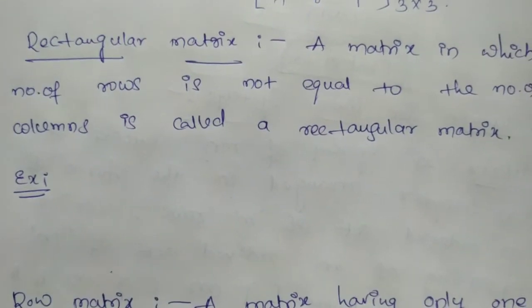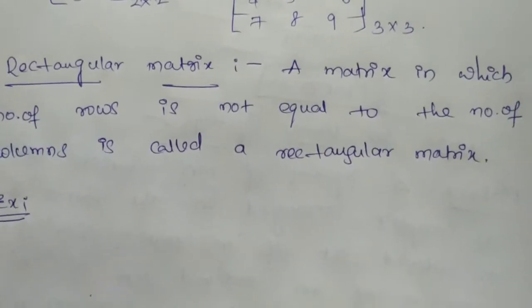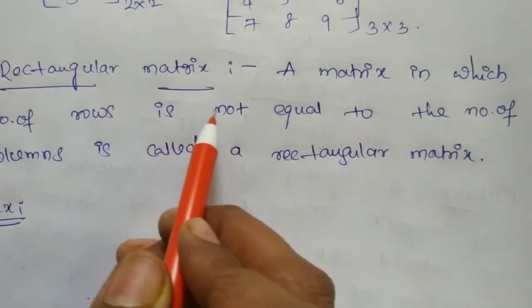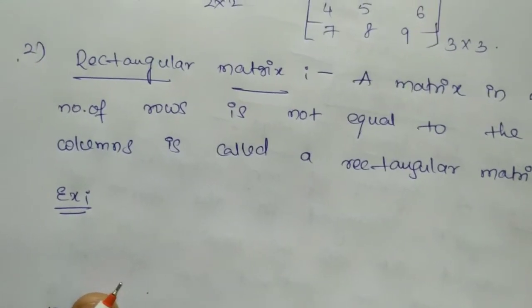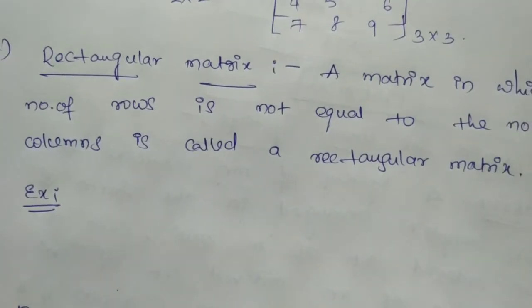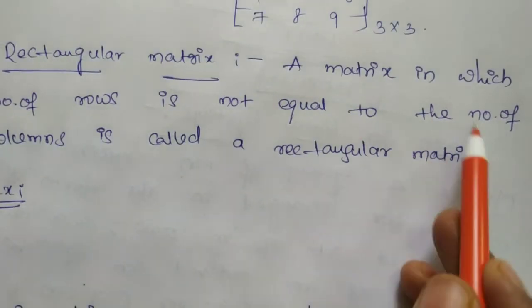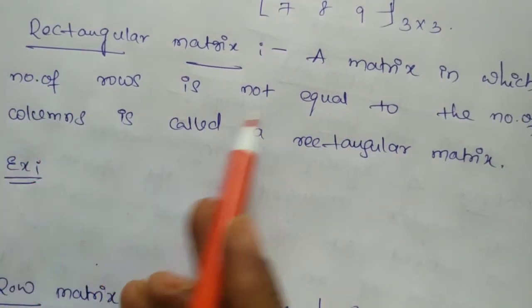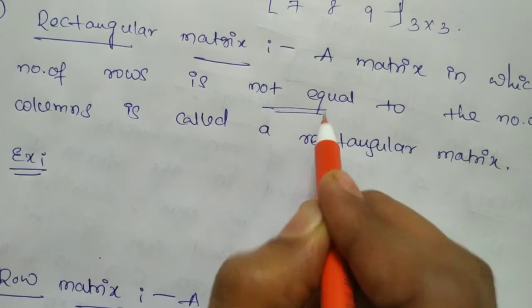Next, the rectangular matrix. A rectangular matrix is a matrix which is not a square matrix. In this matrix the number of rows is not equal to the number of columns.